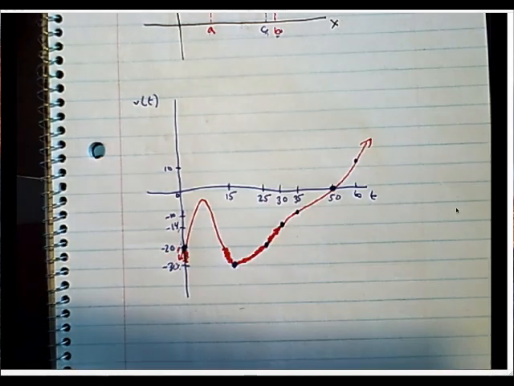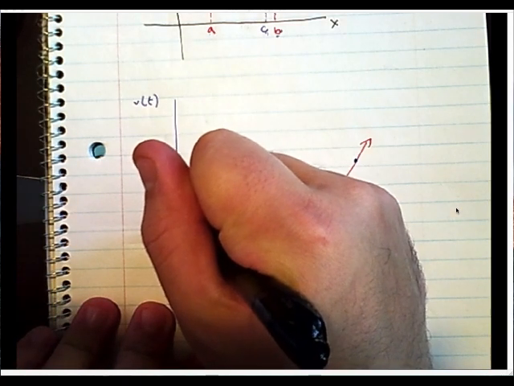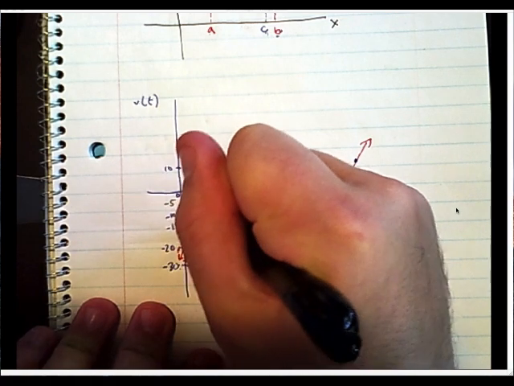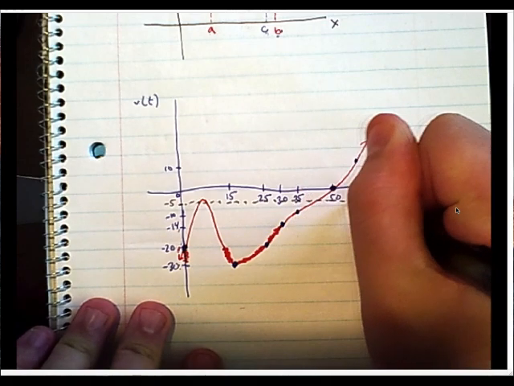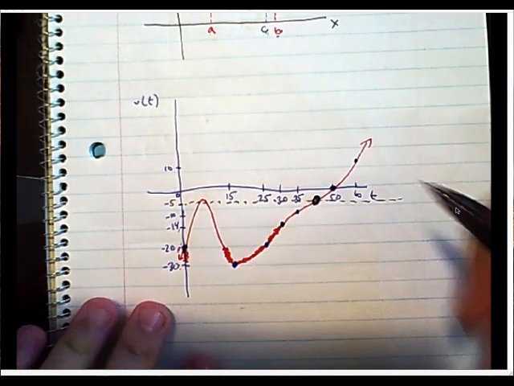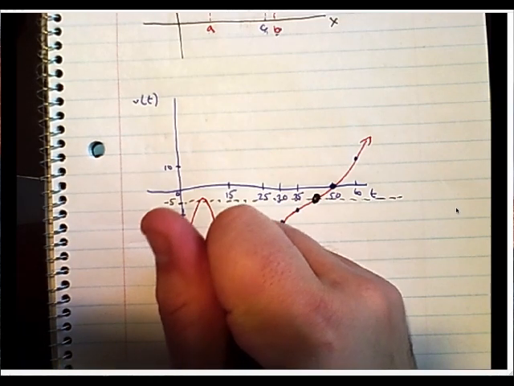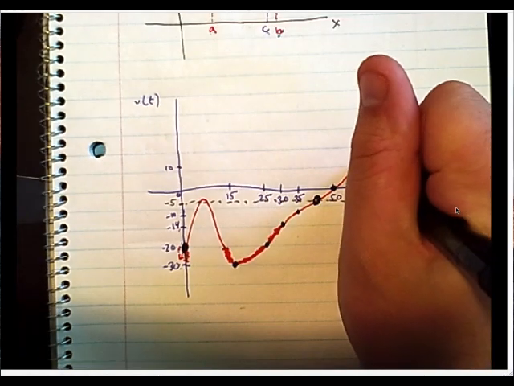How do I know for sure that I'm going to cross -5 at least once? It could cross more, but the reason why I know it's going to work, the velocity is going to equal -5 somewhere in that time interval, is because the graph started at a y value of -20 and it ended at a y value of 10.